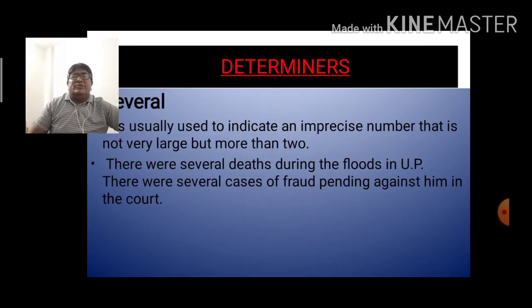Several is also a kind of determiner, used to indicate an imprecise number that is not very large but more than two. There are several deaths during the flood in UP. There are several deaths in this COVID-19. There were several cases of fraud pending against him in the court. So this is the use of determiners.